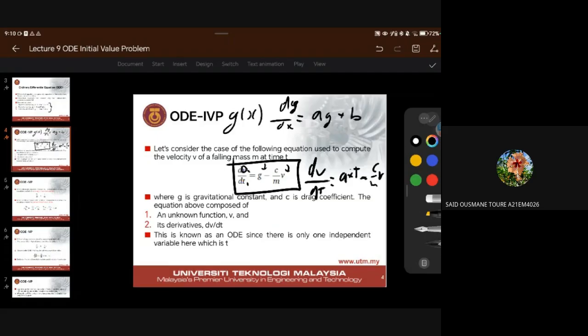It can also be equal to ag plus bx plus c. So in this case, how easy is it to solve this equation? It's very difficult because you have both g and x on the other side, and this is the derivative of g. So this is why we resort to numerical methods, because this equation is not solvable manually, basically. Is it clear? It's just an example.